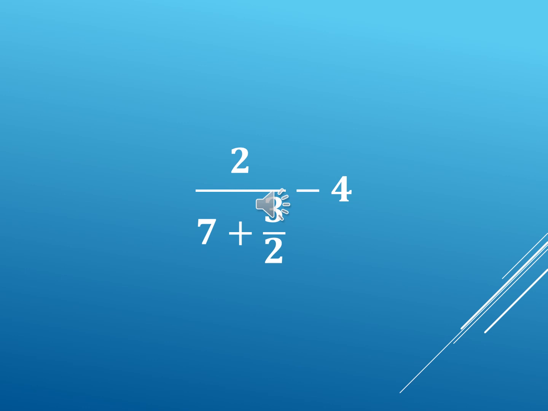And then we have minus 4, which is not part of the fraction or the rational expression. I hope most of you, if not all of you, got this one correctly. Marami po ba nakakuha? Great job.